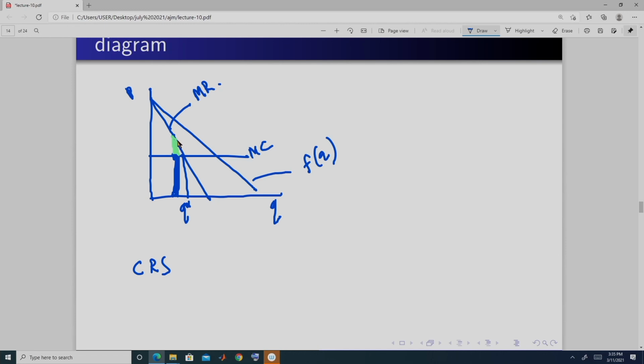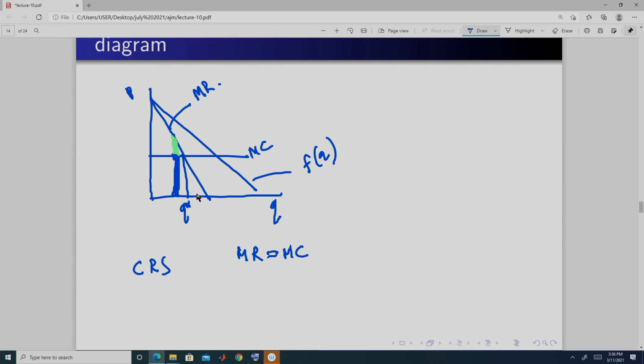So, this green part is the additional revenue. So, the monopolist will be better off by increasing its output, and it will go on doing that. So the marginal revenue should always be equal to marginal cost.